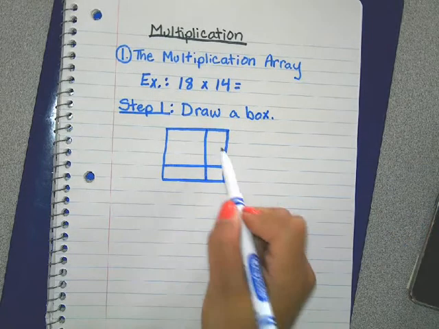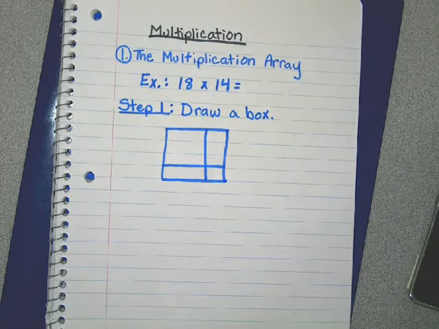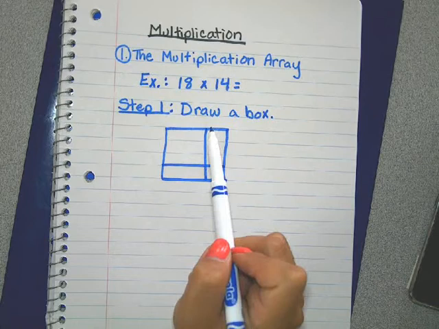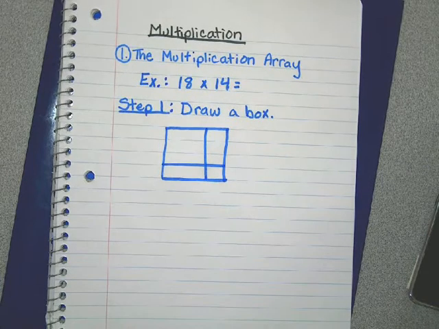I usually make one side thinner so that I can really show the ones place. And this is a 2 by 2 because we have 2 numbers. If we had 3 numbers here, we would need a third section.